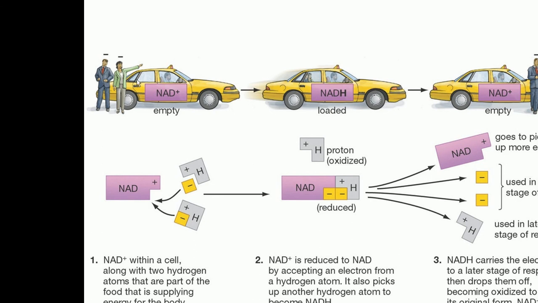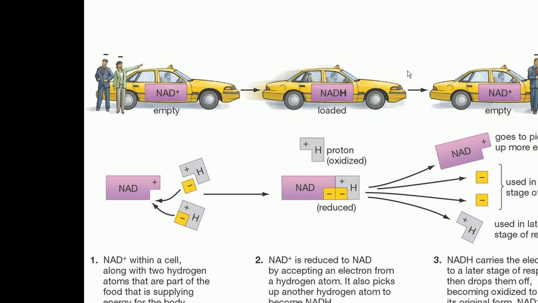So NAD plus gets converted into NADH, and the cab becomes occupied. And once the cab drops off its passengers, the cab becomes empty again, and it gets converted back into NAD plus, your electron carrier.